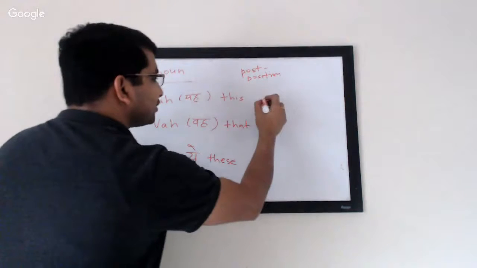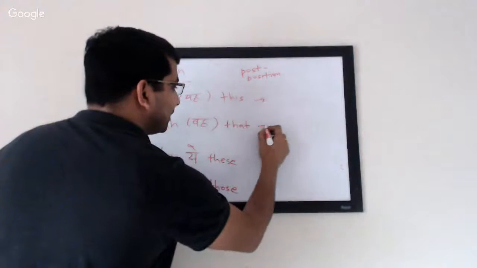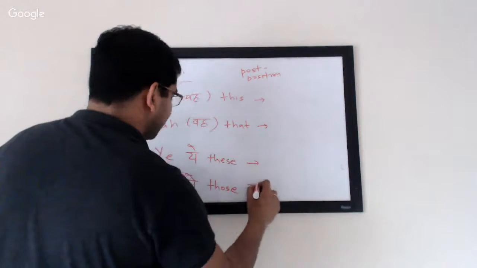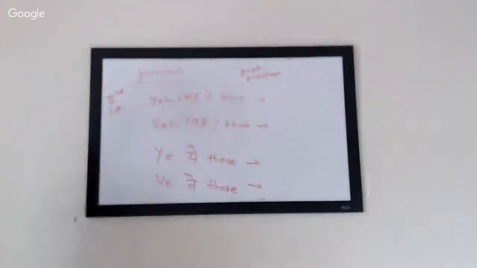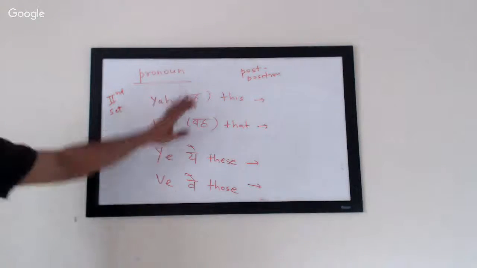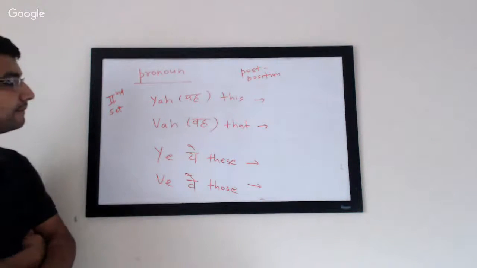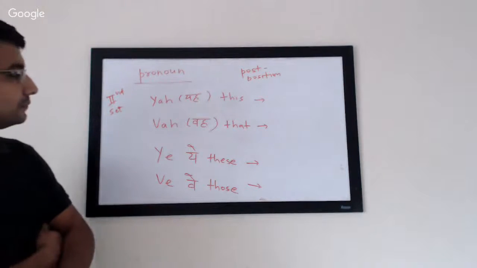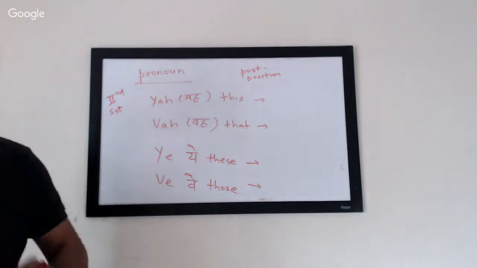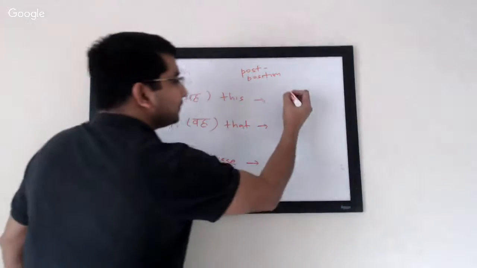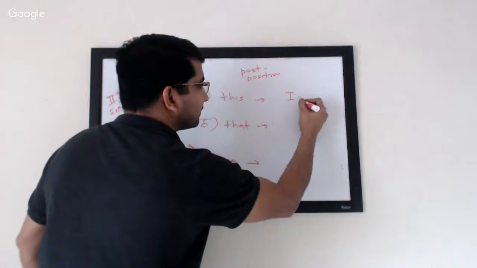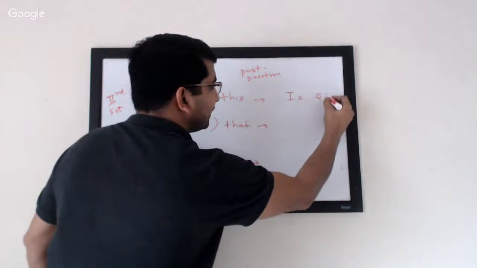Now I'm going to ask you to tell me what will be the oblique case of each of these. यह becomes, let's start with the very first one. Very good, right? यह becomes इस, and that's how you write it.